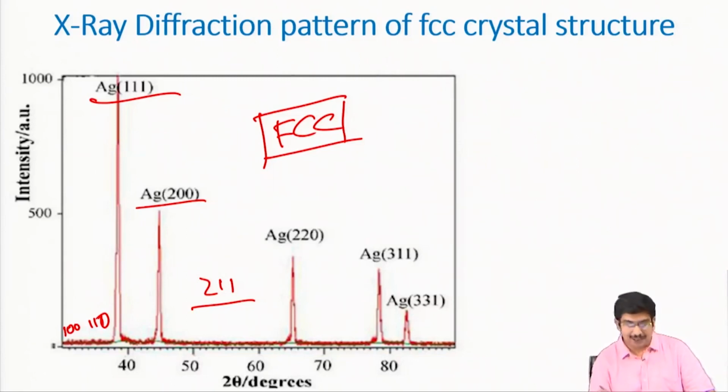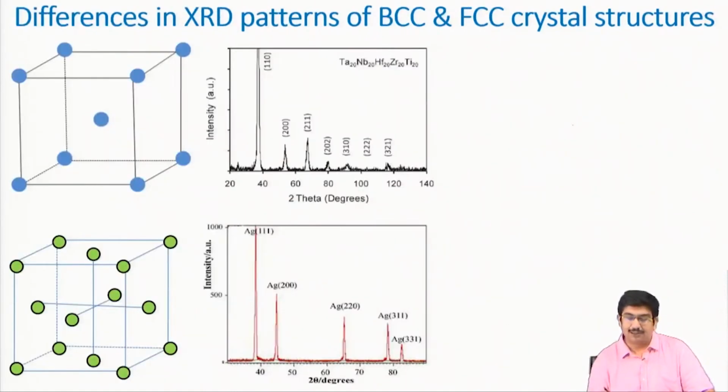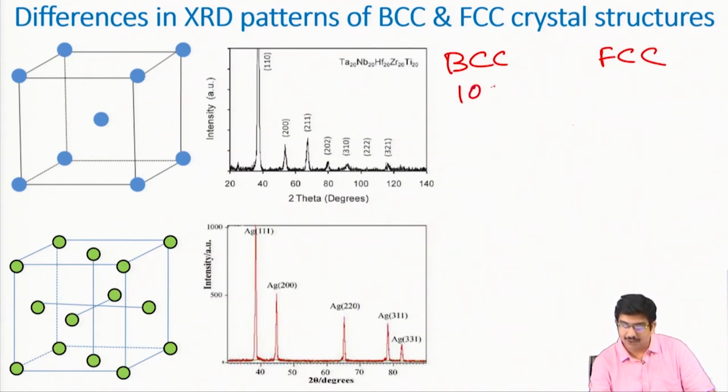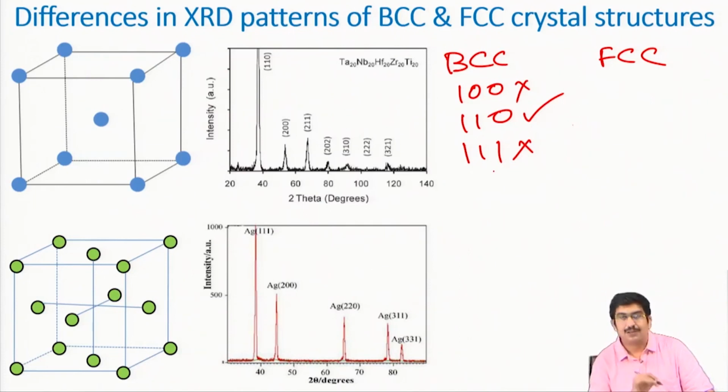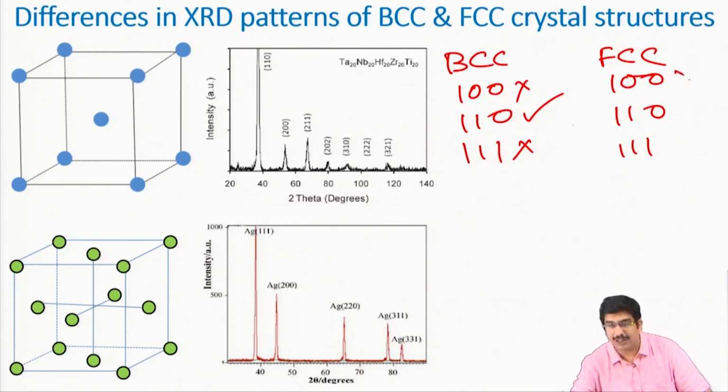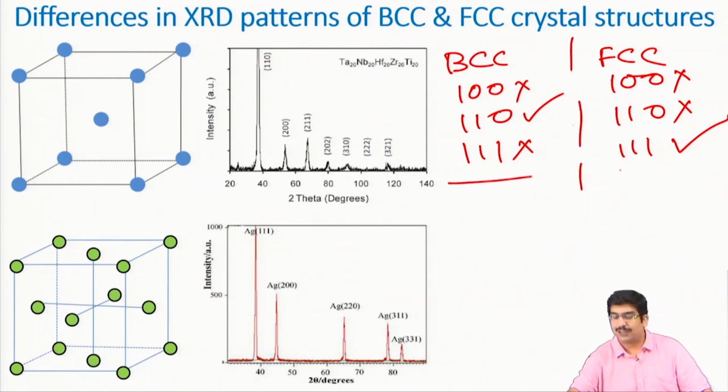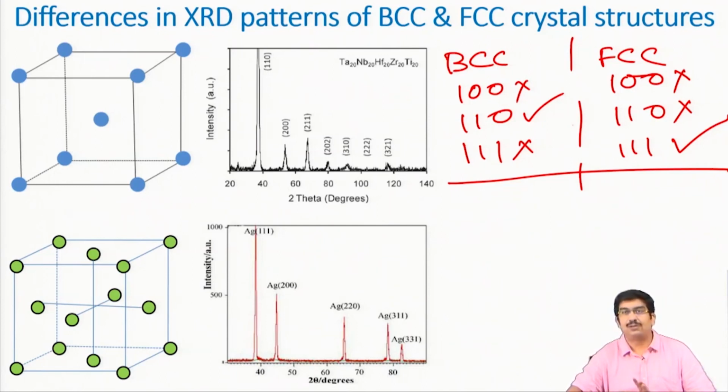Now we can compare this with some other crystal structures, for example, BCC and FCC. If we compare BCC and FCC, what we are getting here is 1 0 0, 1 1 0, 1 1 1. So, we are not getting this, we are getting this, we are not getting this. In case of BCC versus FCC, this is clearly a difference just by looking at the diffraction patterns, and if I am able to solve it, I will be able to know the difference.